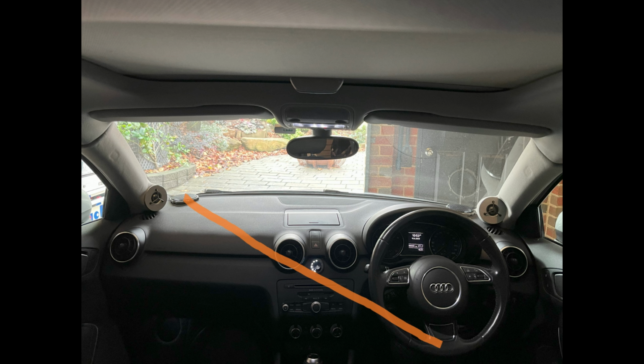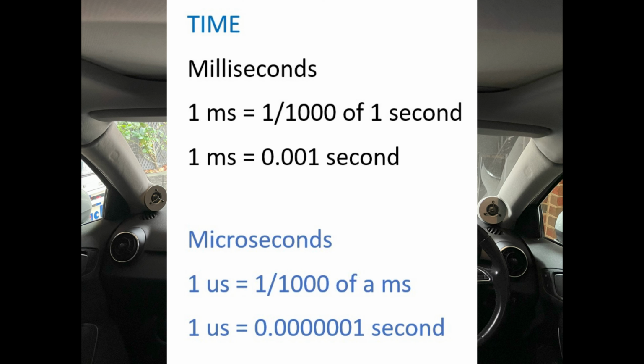Okay, so we use milliseconds and microseconds because it's a more convenient way to describe these fractions of a second that we have to work with in car audio. A millisecond is 1/1000th of a second, usually expressed as 0.001 of a second. So on the graphs, you'll see 1 ms or 0.001 seconds.